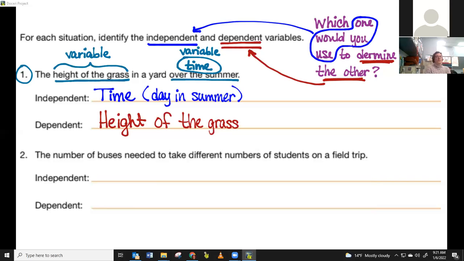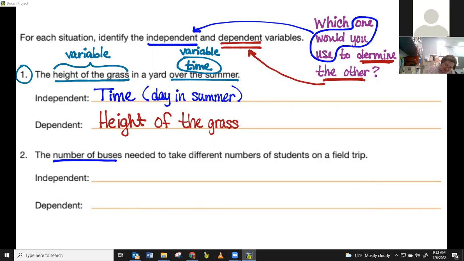Let's look at number 2. I want to start off by just asking, what are our 2 variables? So tell me in the chat, what is one of the variables you see there? Number of buses. Tony, that's okay. I'll give you better directions next time.